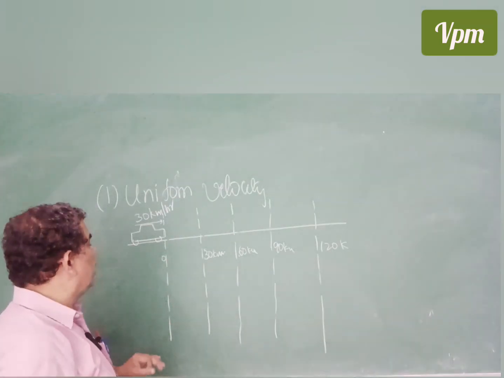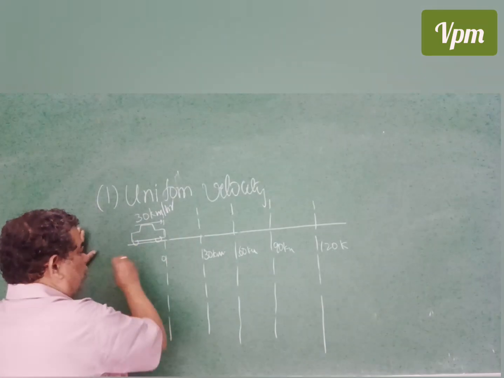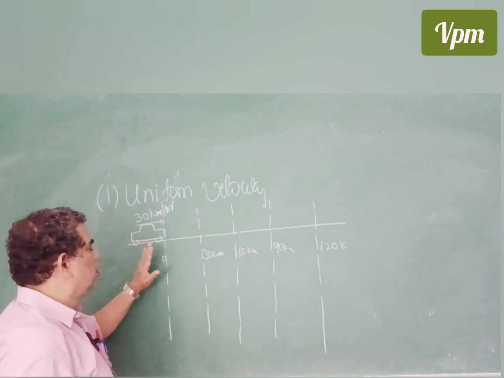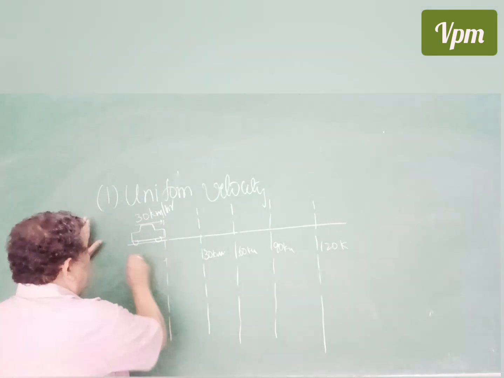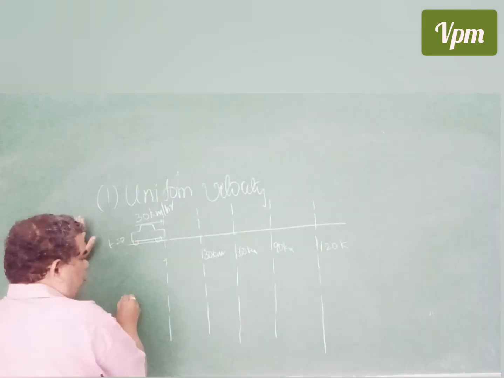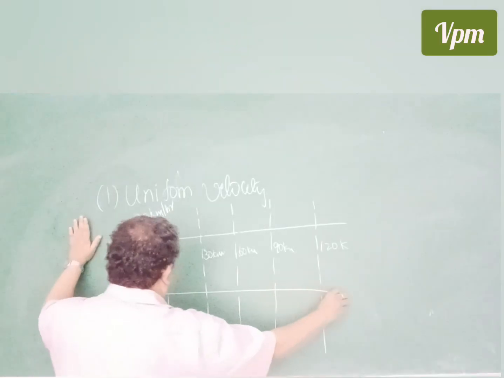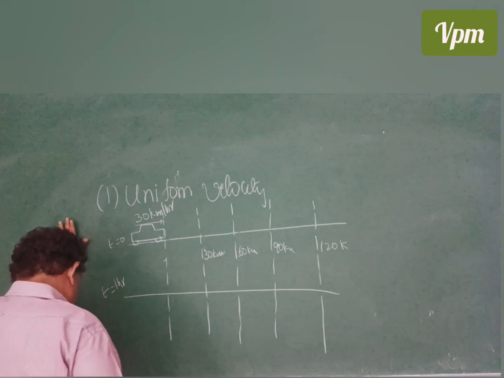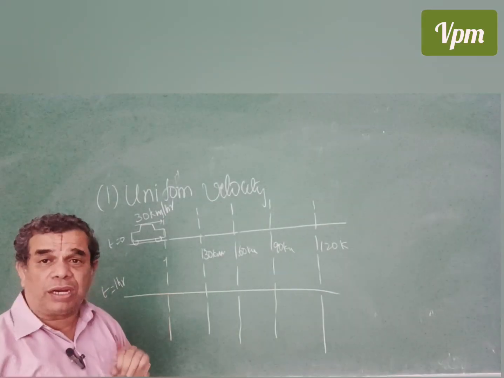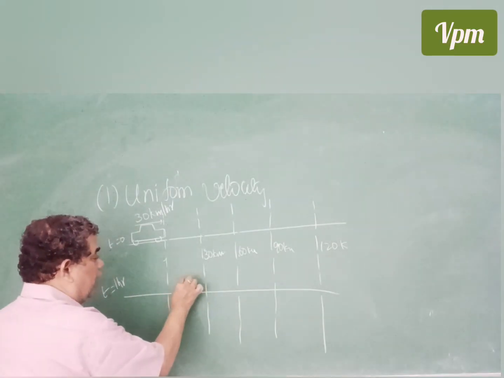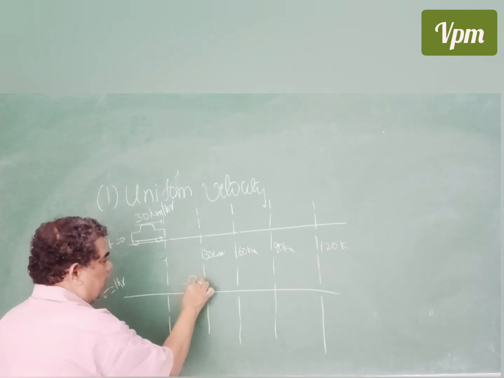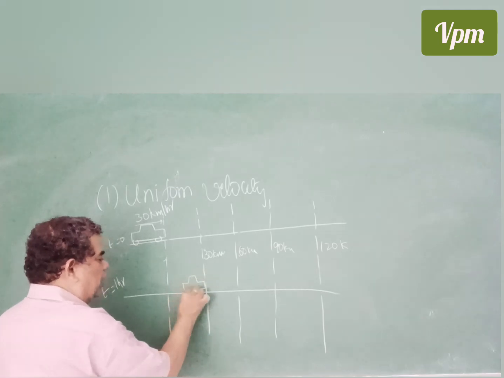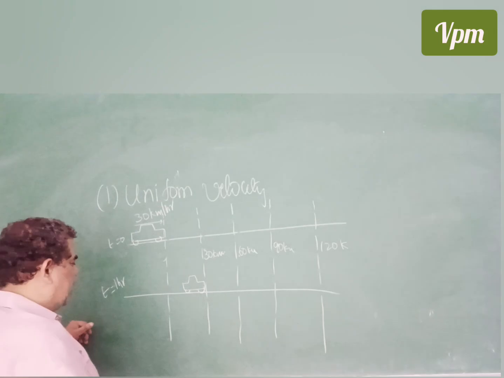This is at t equals 0. If I draw another figure for t equals 1 hour, where is the car? It has covered exactly 30 kilometers.